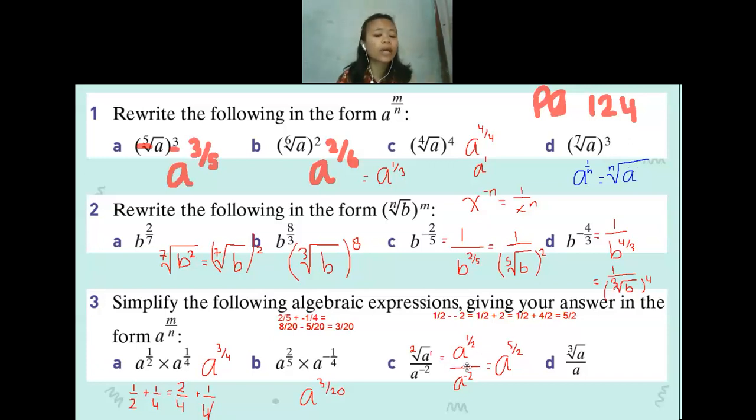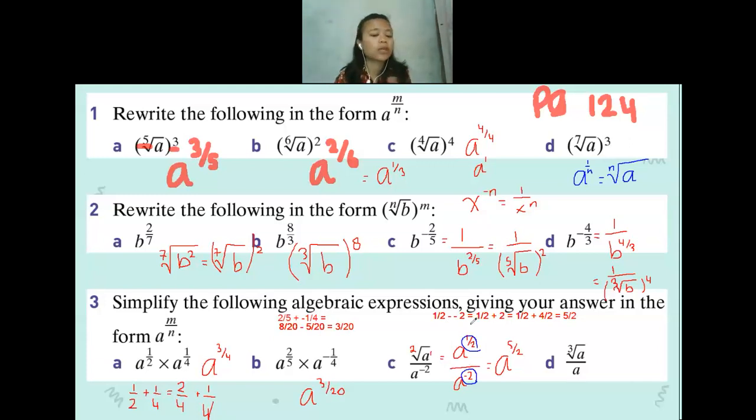And then a fraction means we have to do division. When we divide the indices, the simplest thing that we can do is directly subtract the powers. So in here, I just focus on the power a half and also power negative 2. I have to subtract them, so I write it as a half minus negative 2.